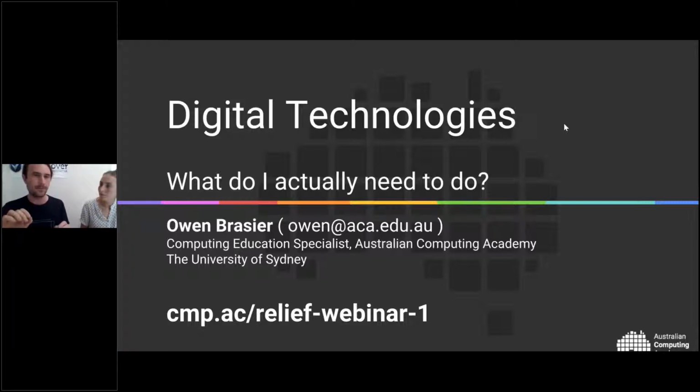The ICT capability is confidence in using devices generally, so being able to save files, send emails, navigate devices, share files and stuff like that. There is a lot of overlap, but the ICT capability is just the use of technology. Digital technologies is more about the creation of technology and the underpinning ideas that underlie that.